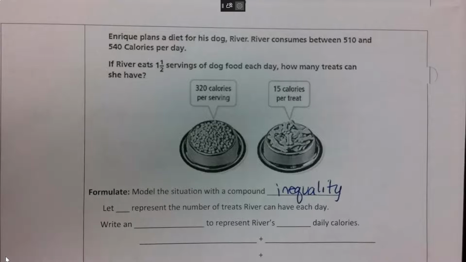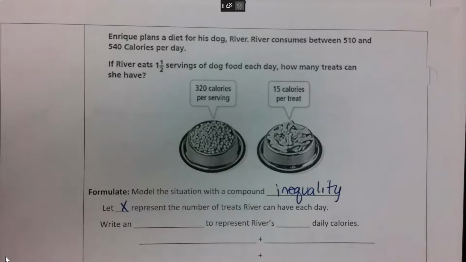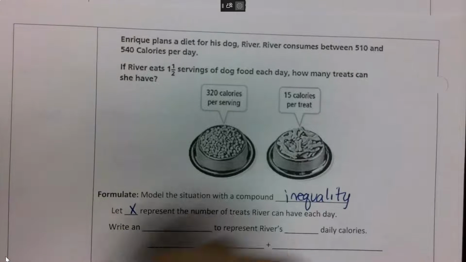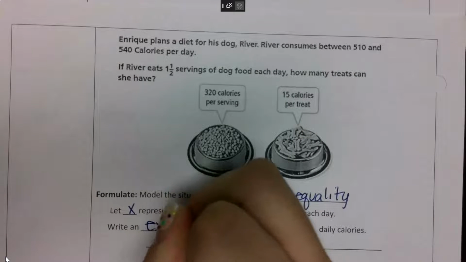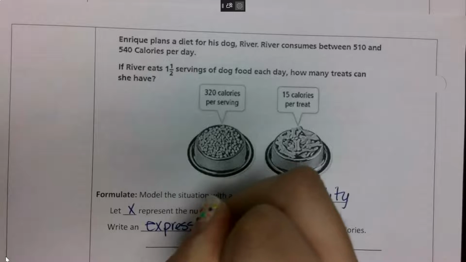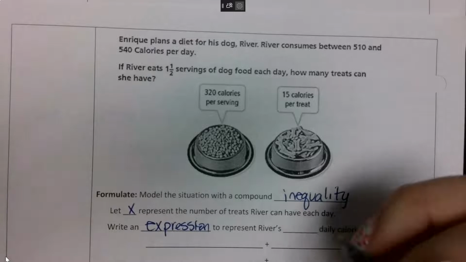So we're going to have x represent the number of treats River can have each day. We want to write an expression to represent River's total daily calories.